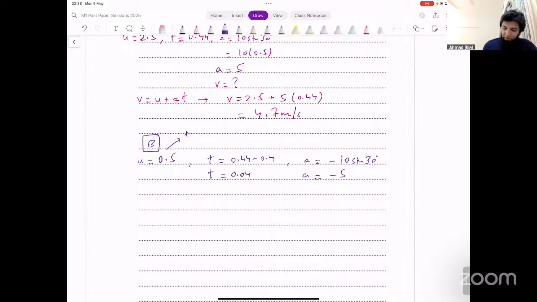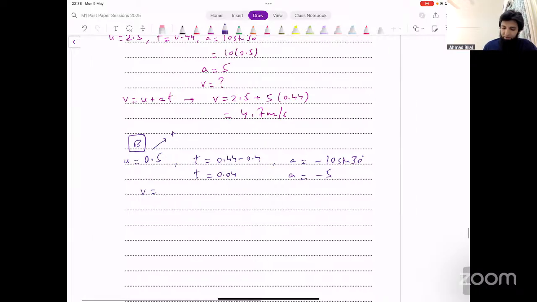We can find the final velocity with this as well. What does that turn out to be? 0.5 minus, like this, plus -5 into 0.04. What does this turn out to be? It can't be 0.7. It started from 0.5.